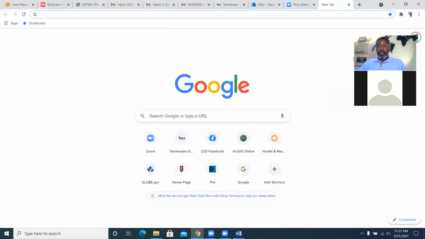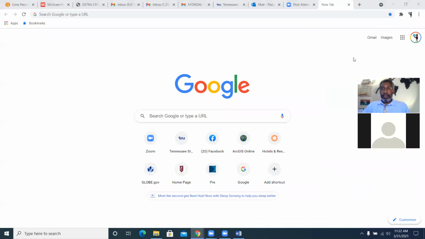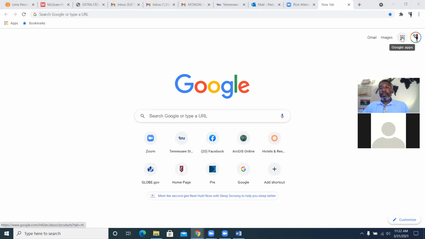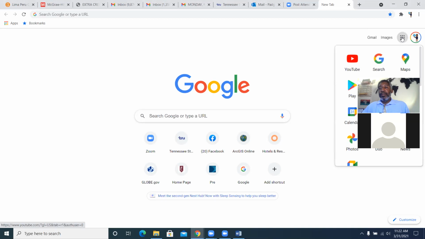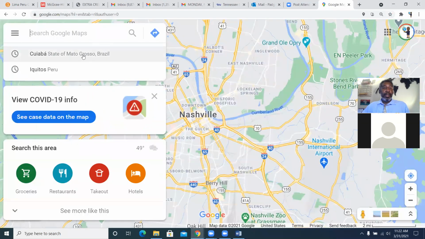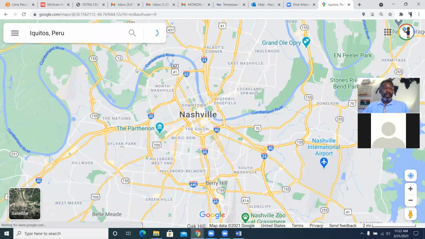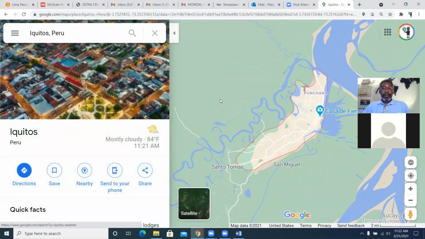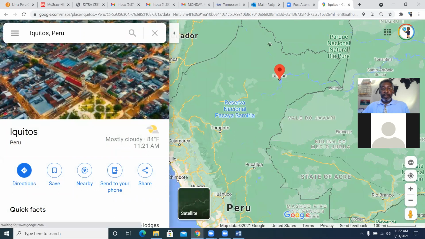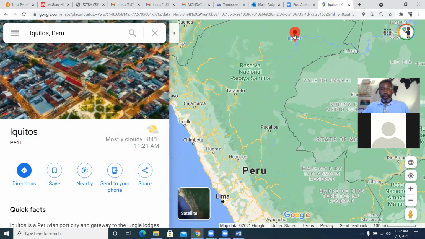We referred to the Google Maps, and we looked at, we compared Iquitos, Peru's climate and location to that of Lima, Peru.